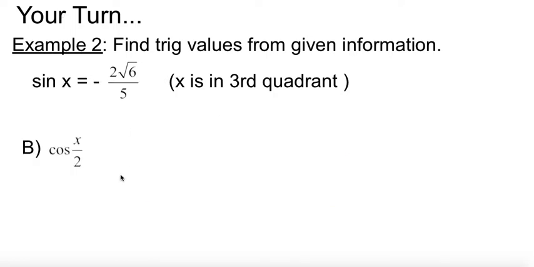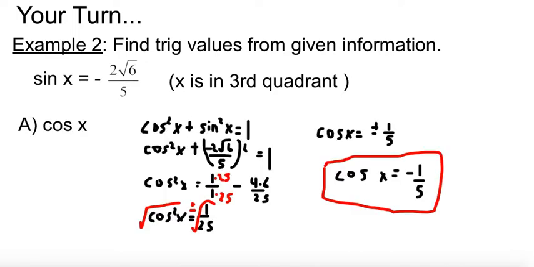Alright, so now let's go ahead and use our half angle formula for cosine. So it is plus or minus the square root of 1 plus the cosine of x, and we just found that to be negative 1/5.